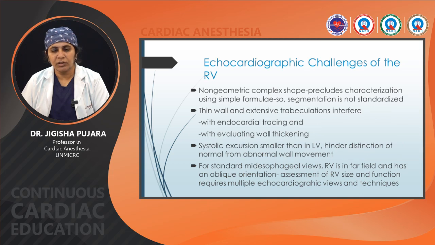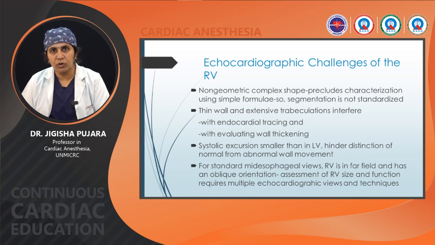Echocardiographic challenges of the right ventricle are: its non-geometric complex shape precludes characterization using a simple formula, so segmentation is not standardized. Thin wall and extensive trabeculations interfere with the endocardial tracing and with evaluating the wall thickness.